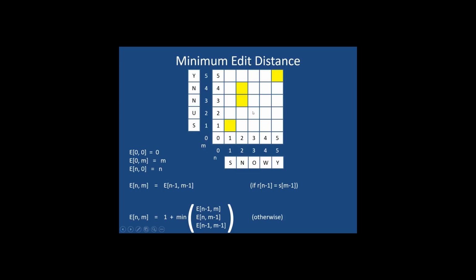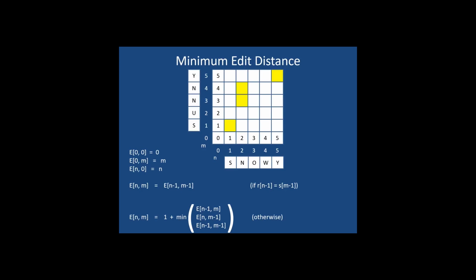What three numbers do you have to look at? The one to the left, the one below it, and the one diagonally down, because that's just what it says here. That's the one to the left, that's the one below, that's the one diagonally below.